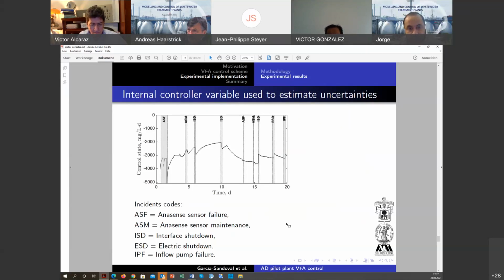Here, we show the effect of typical realistic failures. Okay, the n-Sense, which is the device to measure alkalinities and volatile fatty acids. We have a problem with the interface.